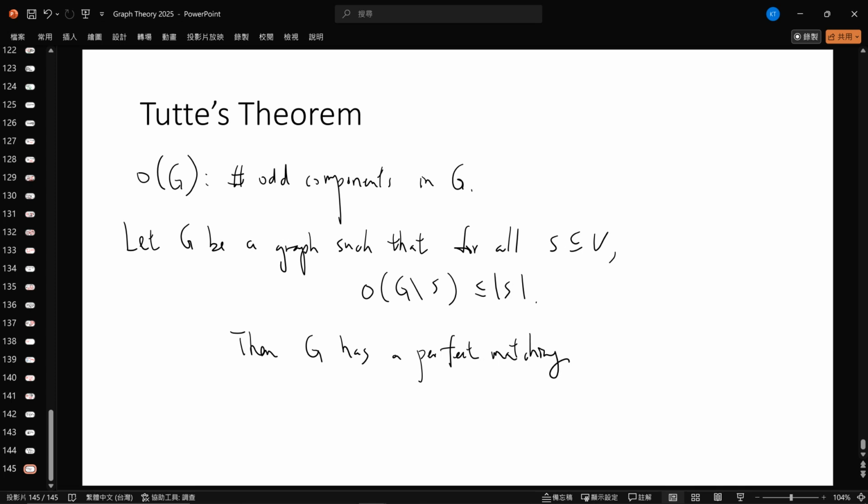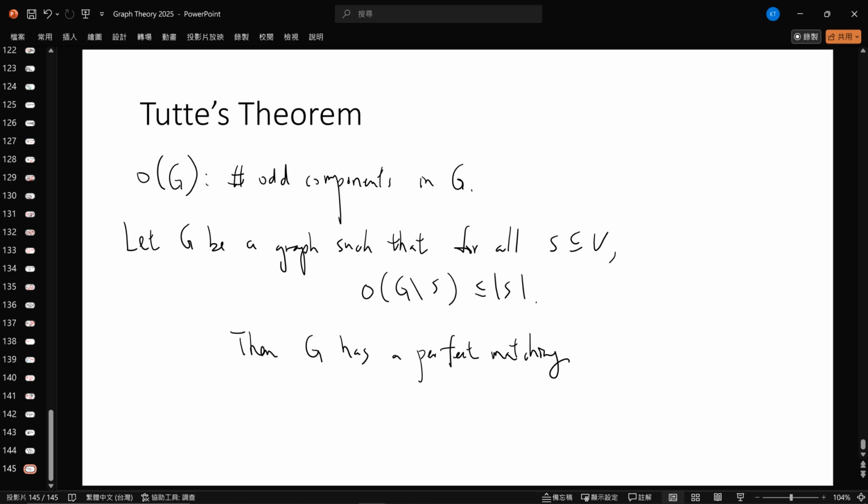Okay, so this is Tutte's theorem. If you have a graph, you test all the possible subsets of the vertex set V, called S, and we compute the number of odd components after you remove S from the graph. This is the left-hand side.